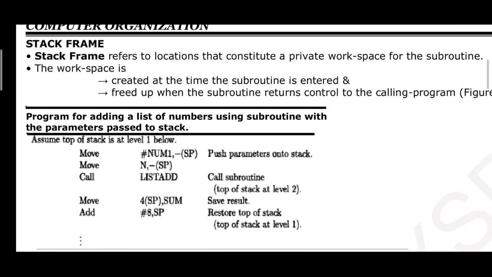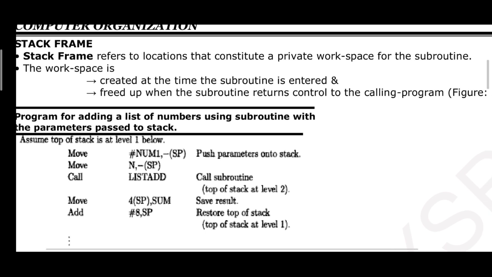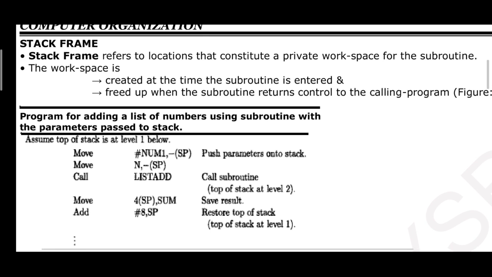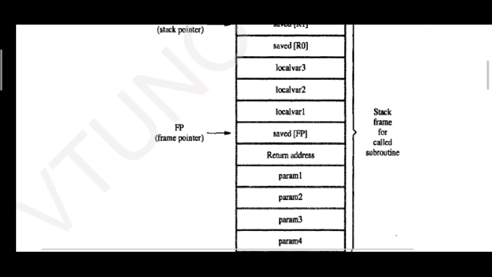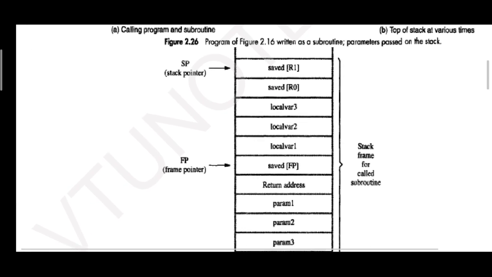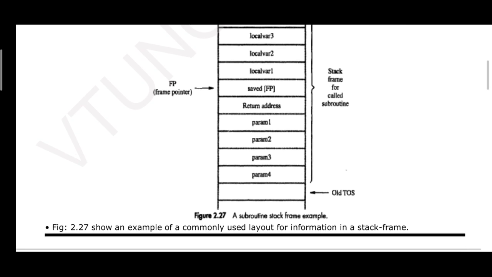Okay. Next is the stack frame. Stack frame refers to the locations that constitute a private workspace for the subroutine. As I told you earlier, the implementation of subroutine is done with the help of the stack frame, which is the private area on the memory where each subroutine resides, or workspace you can say. Programming examples are not that important here, just go through the diagram.